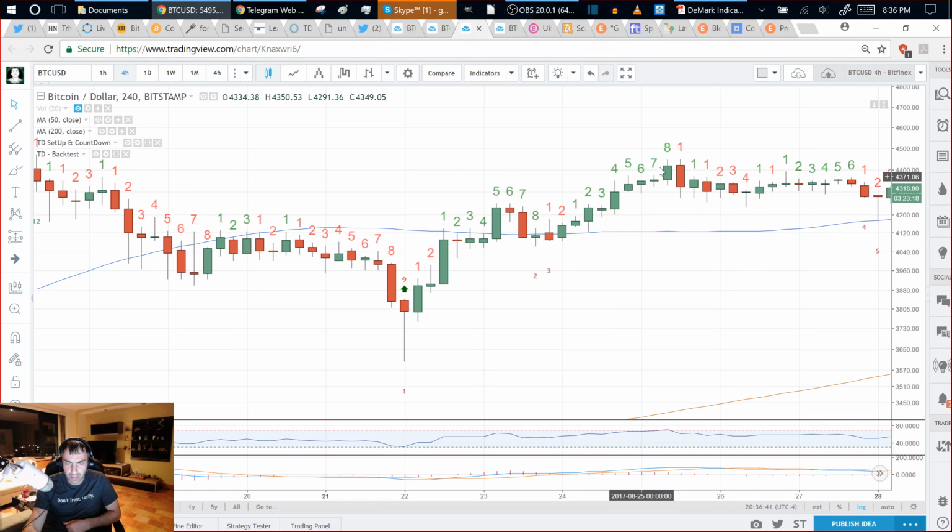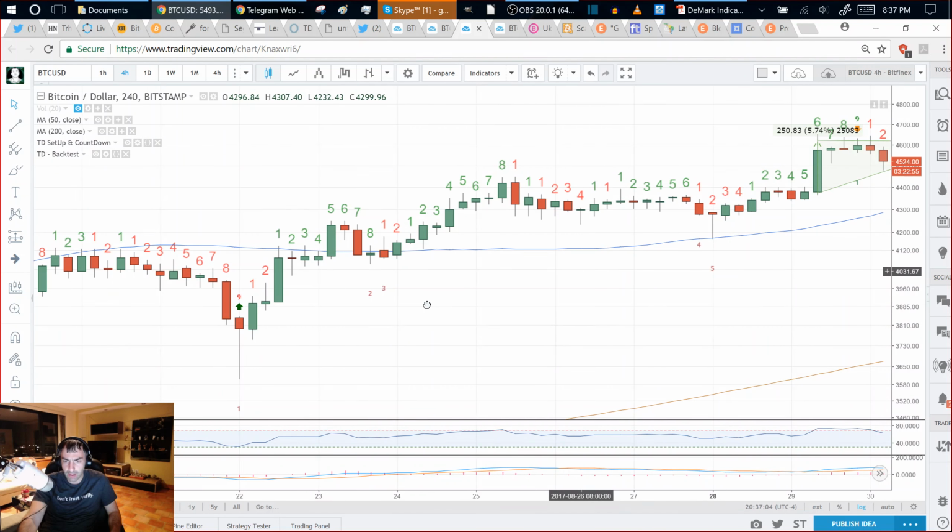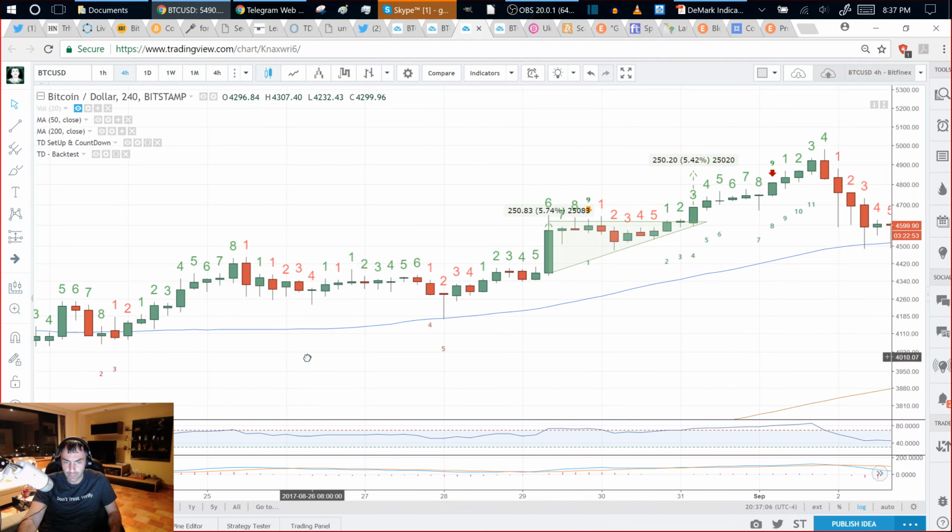You see how this is an 8 followed by a color flip? But this was a 9 most of the candle. This didn't turn into a red 1 till you started going below the close of the 5. So the majority of this candle was a 9, and you have plenty of time to get out at the top on this 4-hour chart.